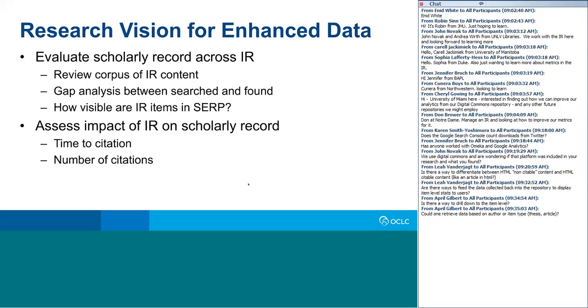And then longer term, the real high value of this is that everybody wants to know how much impact IRs are having on the scholarly record. And so this provides us with a big step toward figuring out time to citation and the number of citations that articles get as a result of being in institutional repositories.